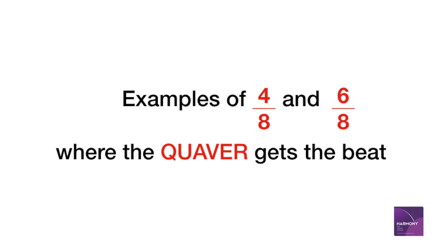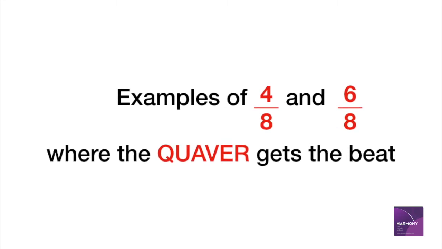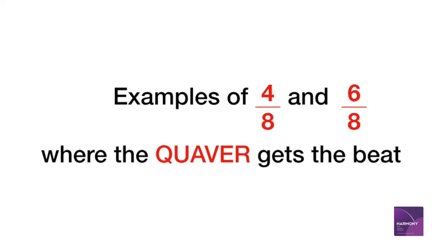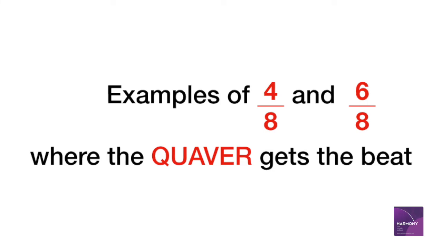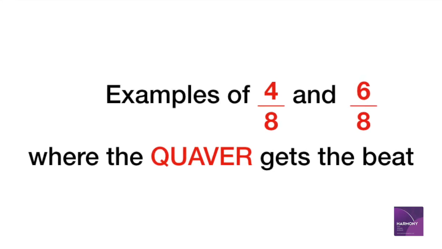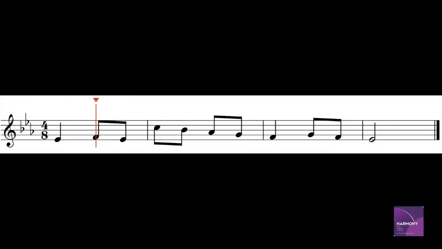Now let's listen to some examples of other time signatures. We could have a 4/8. Now 8 at the bottom would indicate that I have, let's say in this case, 4 eighth notes or 4 quavers in each measure or anything equal to that.